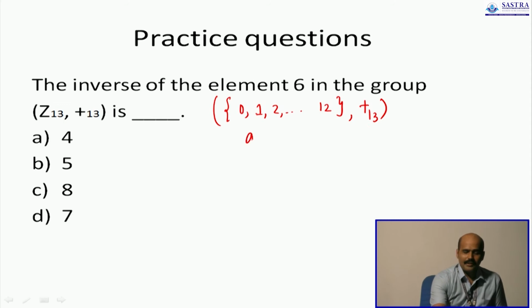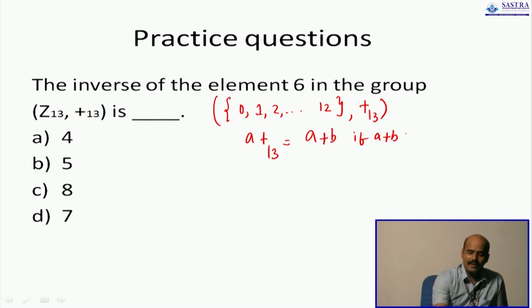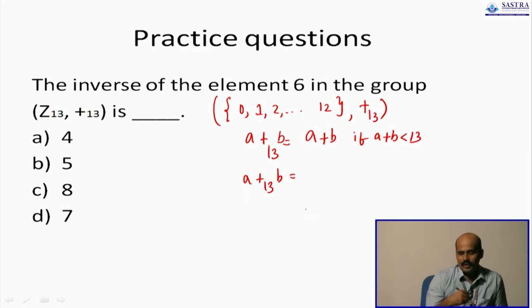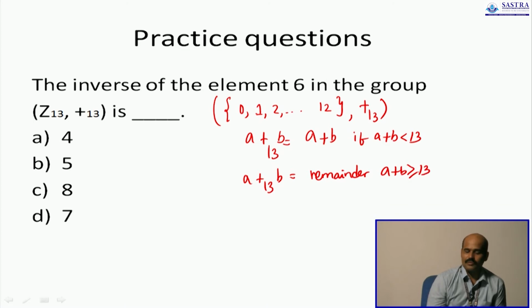So a +13 b will be the same as a + b if the sum is less than 13, and a +13 b will be a different number, the remainder, if a + b grows in excess of 13.